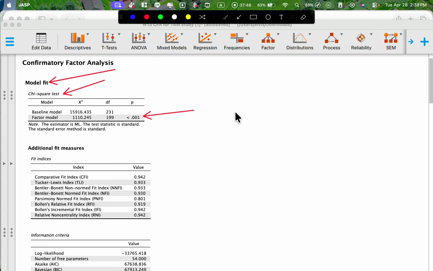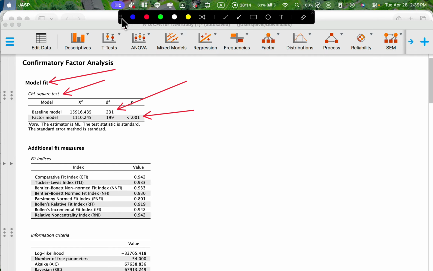It's significant. So it means the data is significantly different from the theory. Your measurement model is your theory. So if it is significant, usually you don't have to report it. But maybe you can report other indicators called the chi-square value and the degrees of freedom.